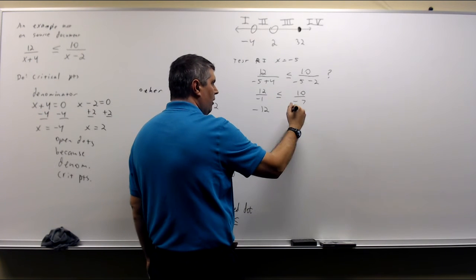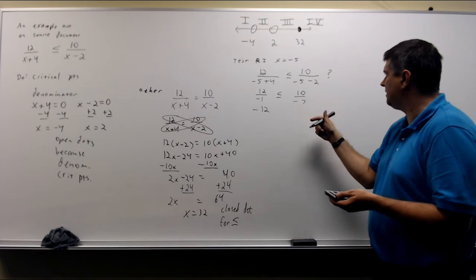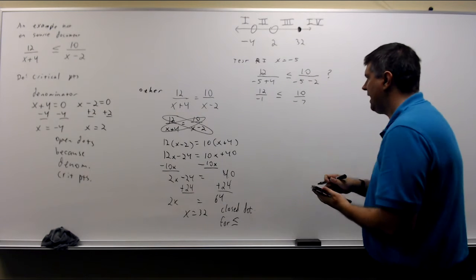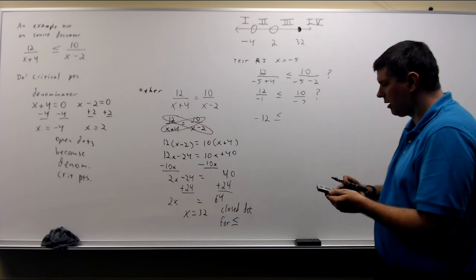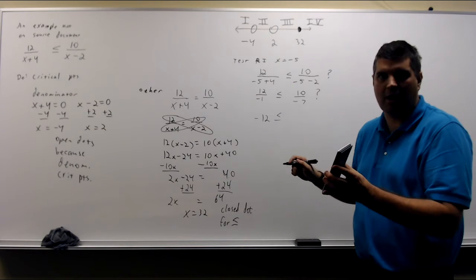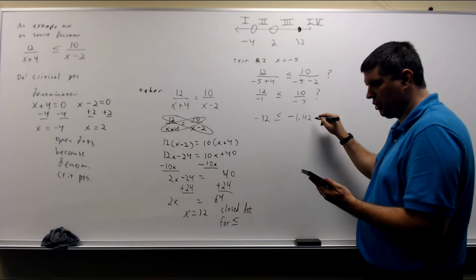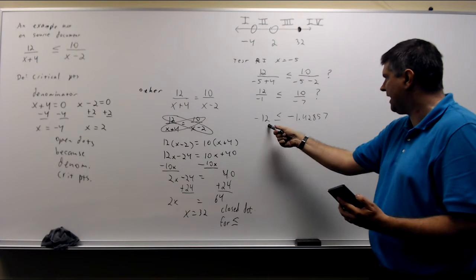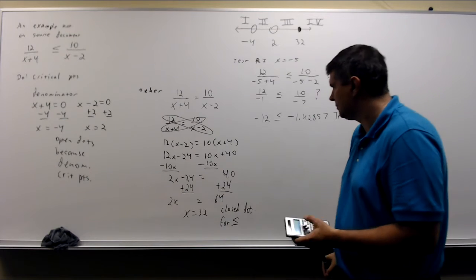And that's negative 12, and I'll use a decimal approximation. It's a positive divided by a negative. Negative 12, that's still a question mark. And then negative 10 divided by 7 is approximately negative 1.42857. So that's true.